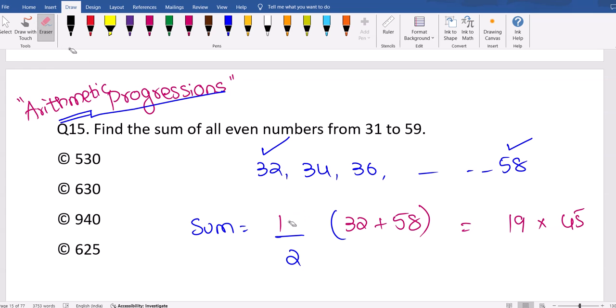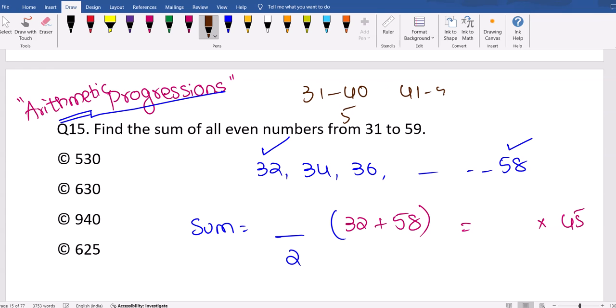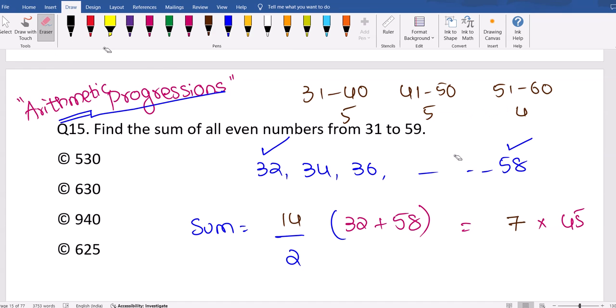Okay, so first 31 to 40, we have 5 even terms. 41 to 50, 5 even terms. 51 to 60, 4 only because 60 is not involved. 7 into 40, 14 into 45. 560 plus 70, which is nothing but 630.